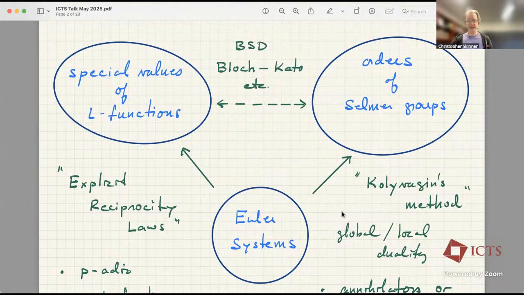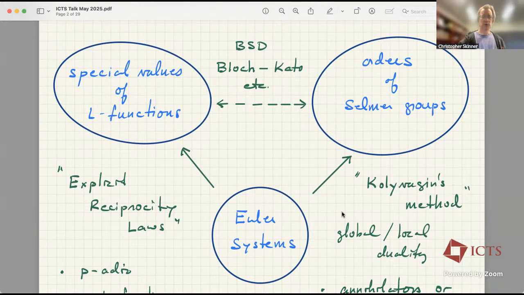We have a vast array of conjectures that suggest what those relationships ought to be. There's the Birch-Swinnerton-Dyer conjecture, the Bloch-Kato conjectures, the Deligne-Beilinson conjectures, et cetera. And of course, the problem is, how do you turn conjectures into proofs?